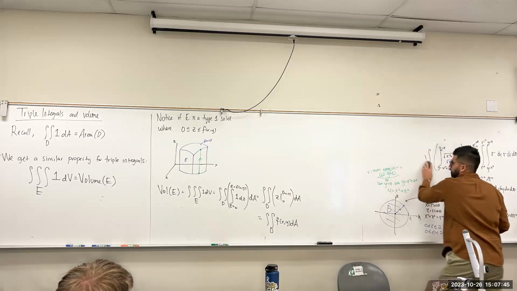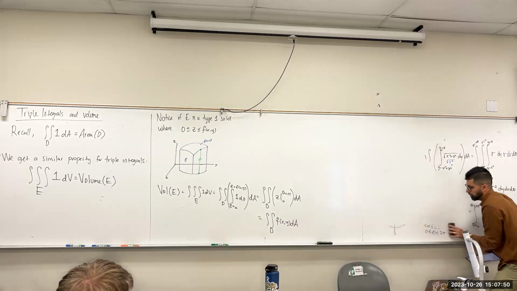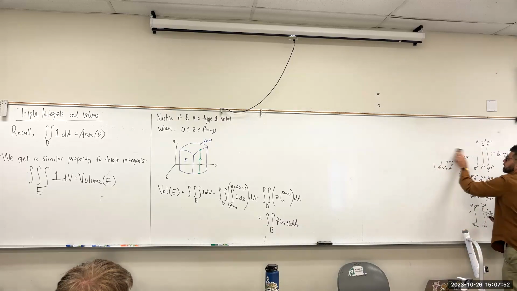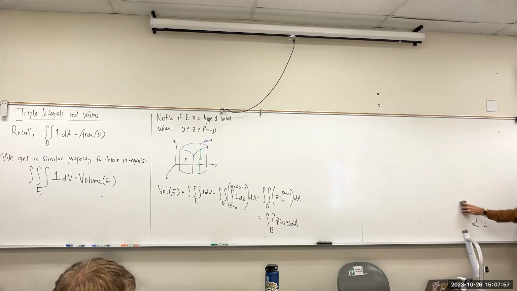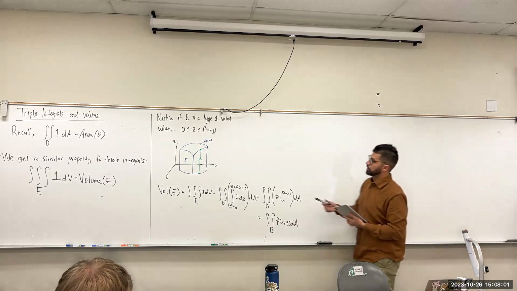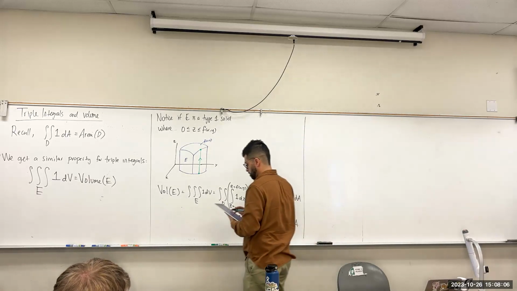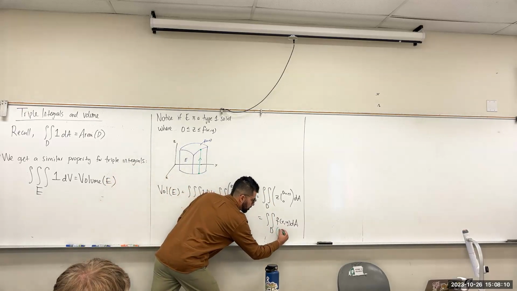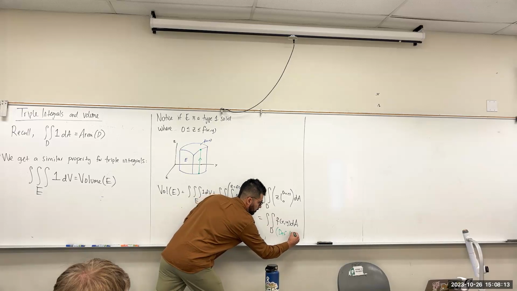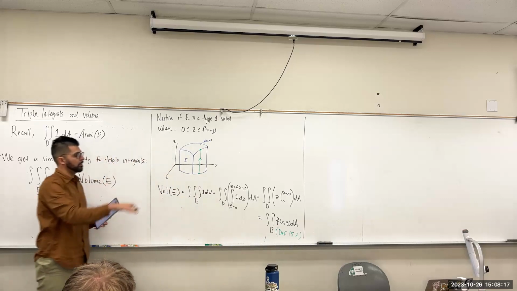So it's just a nice little fact to see that everything we've been saying is agreeing with each other. Like both of those are telling you the same thing. When the solid you're finding the volume of is between the xy plane and the graph of that. This right here is the definition from 15.2. That's how we define the volume of a solid between f and the xy plane.